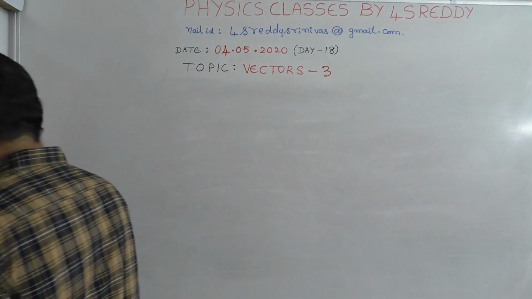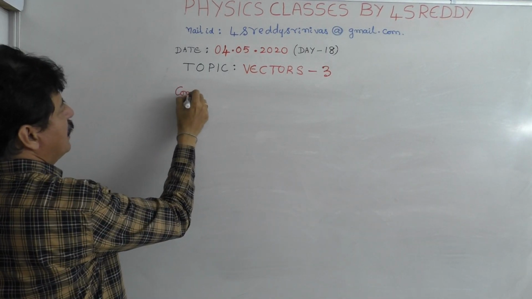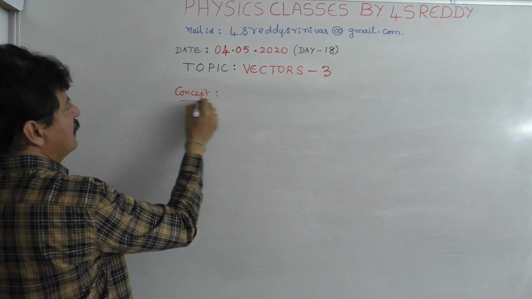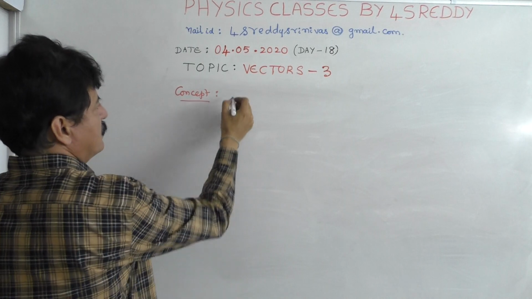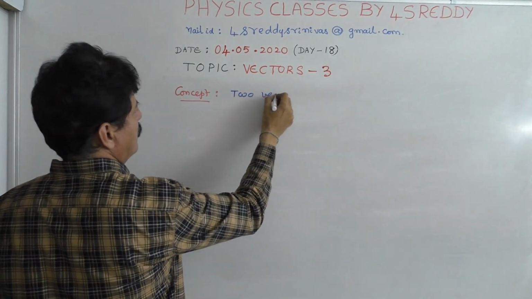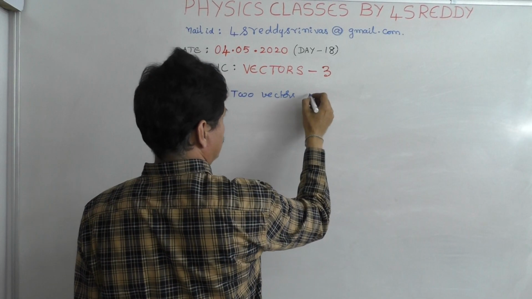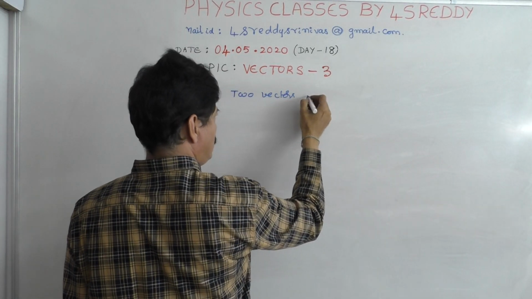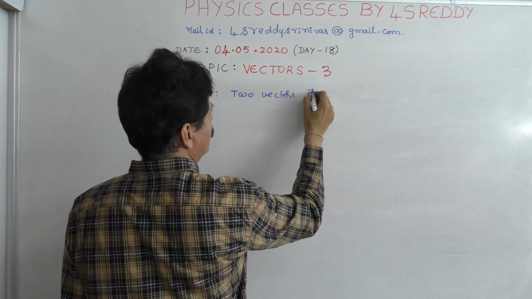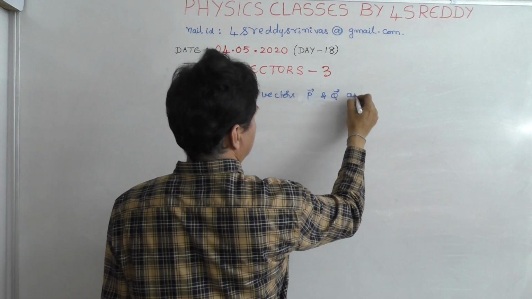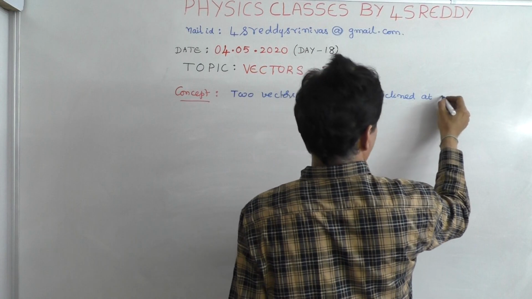There are so many types of concepts and skill questions that may come. Here is another concept. Two vectors P bar and Q bar are inclined at a certain angle.